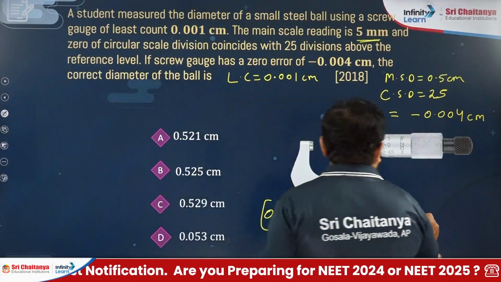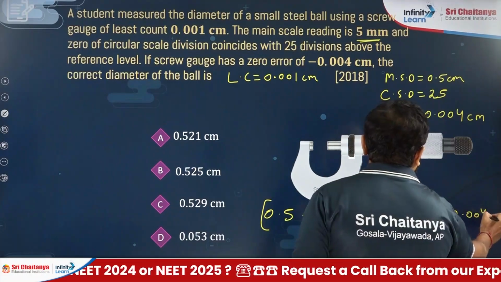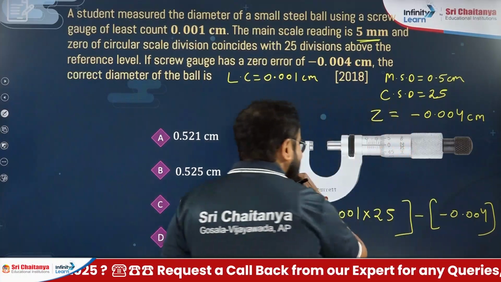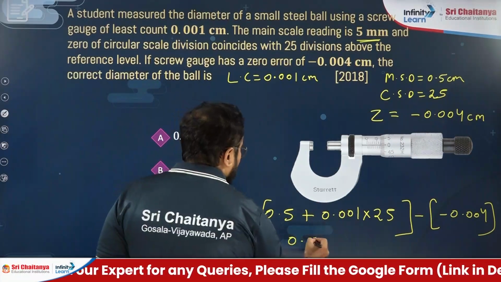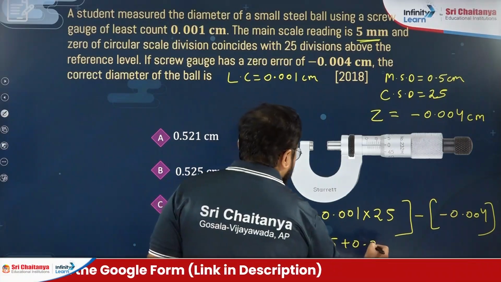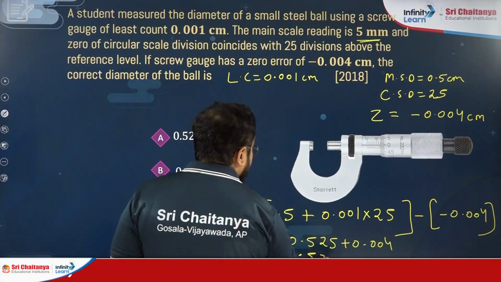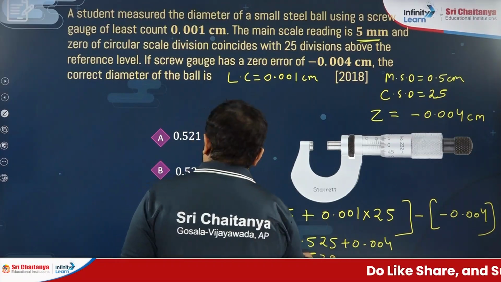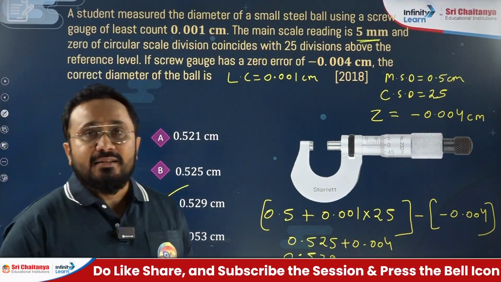This is done. Now minus zero error along with the sign. So when you minus the zero error along with the sign, it will become 0.525 plus 0.004, so it will become 0.529. This will be your answer. Is this clear?